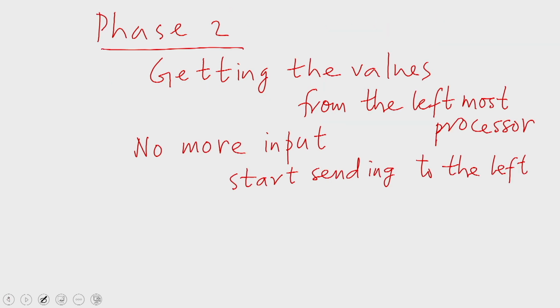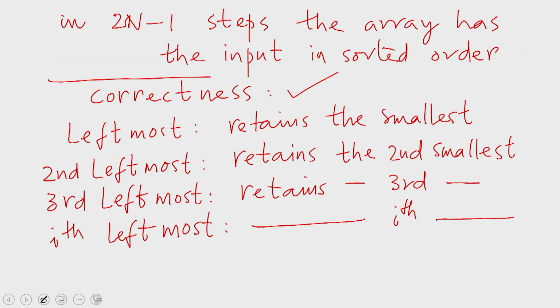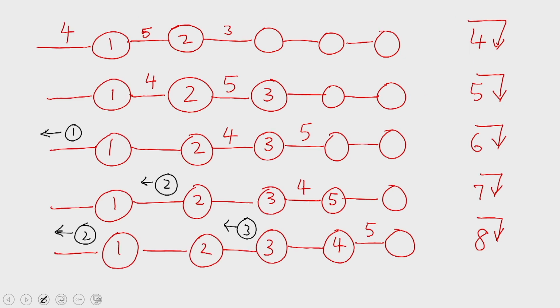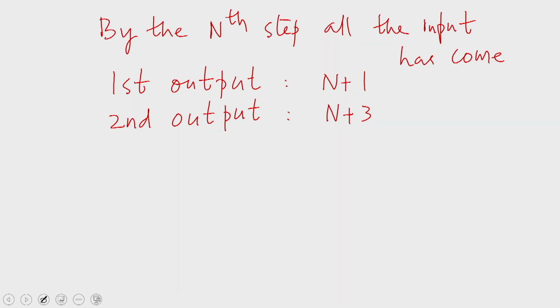You can see that the outputs are all spaced by one step, that is, between two consecutive outputs there are two steps. The first output happens in the 6th step, whereas the second output happens in the 8th step. So, continuing like this, the third output happens in the n plus 5th step and so on.